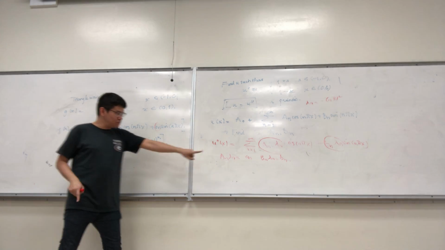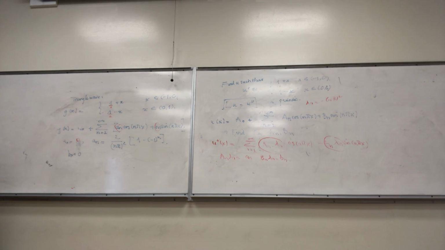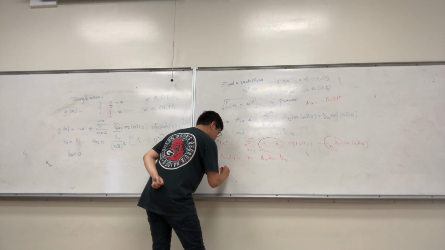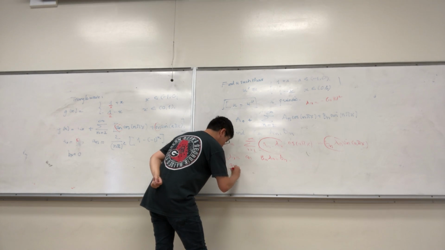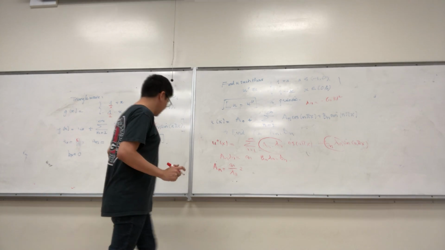Okay, so what is the capital B_n in this case? Lowercase b_n divided by lambda_n. So in this case, A_n will be small a_n divided by lambda_n, and this gives me this quantity.